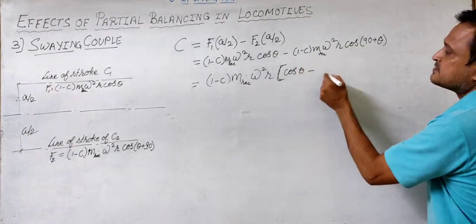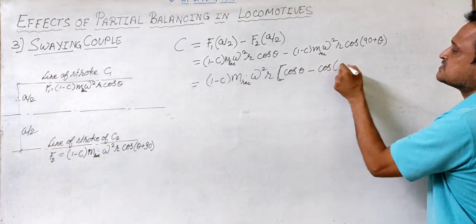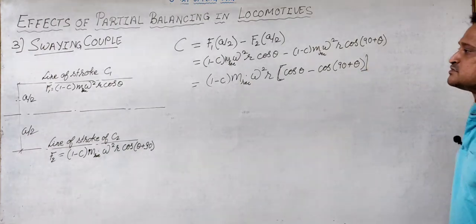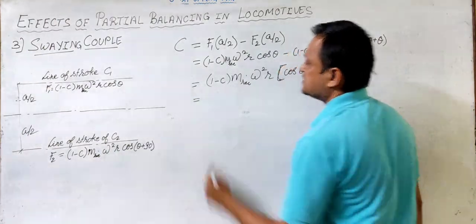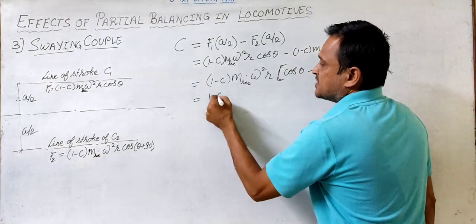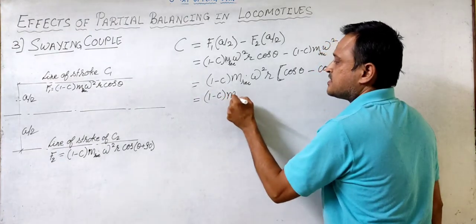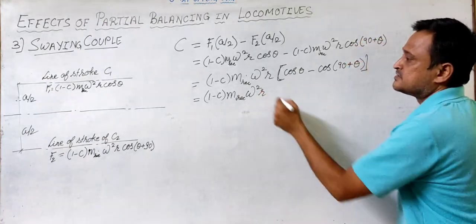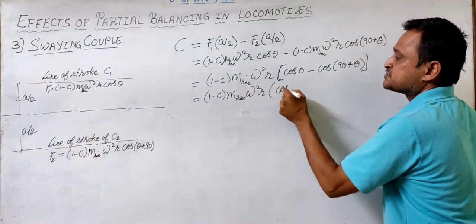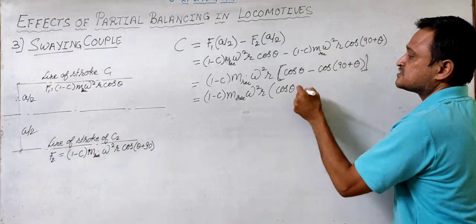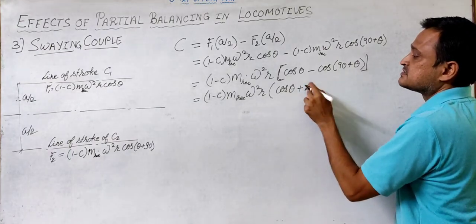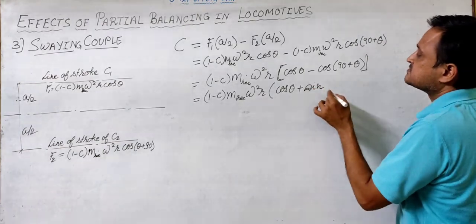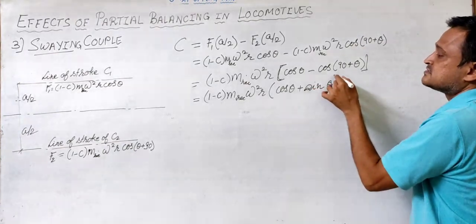it will be cos theta minus cos(90 plus theta). So it will come out to be (1 minus c) m reciprocating omega square r times (cos theta plus sin theta).